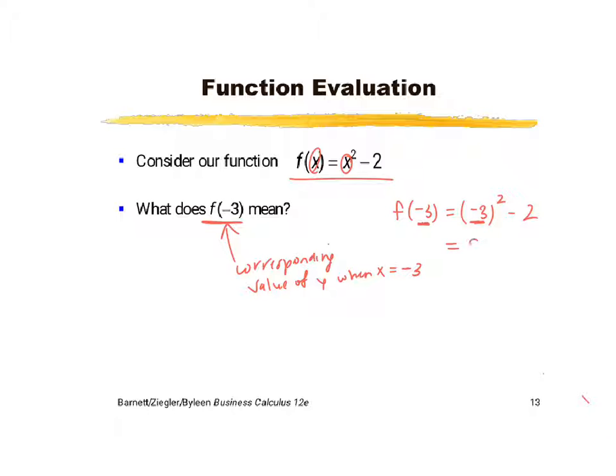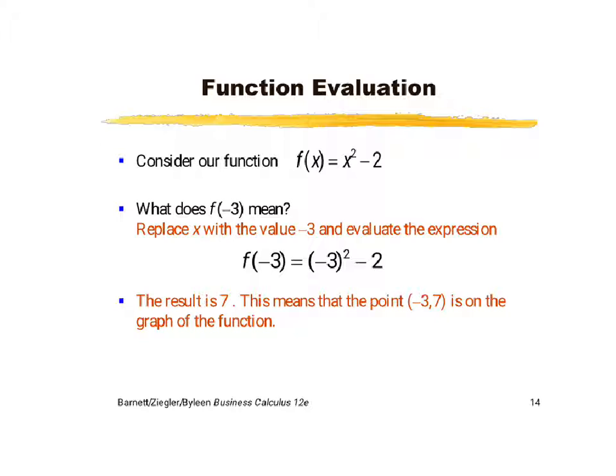Okay, and so that gives us the 9 minus 2, which is 7. So f of -3 is equal to 7, but what that means is that when x is -3, our corresponding y is 7. Okay, and it also represents the ordered pair -3, 7.